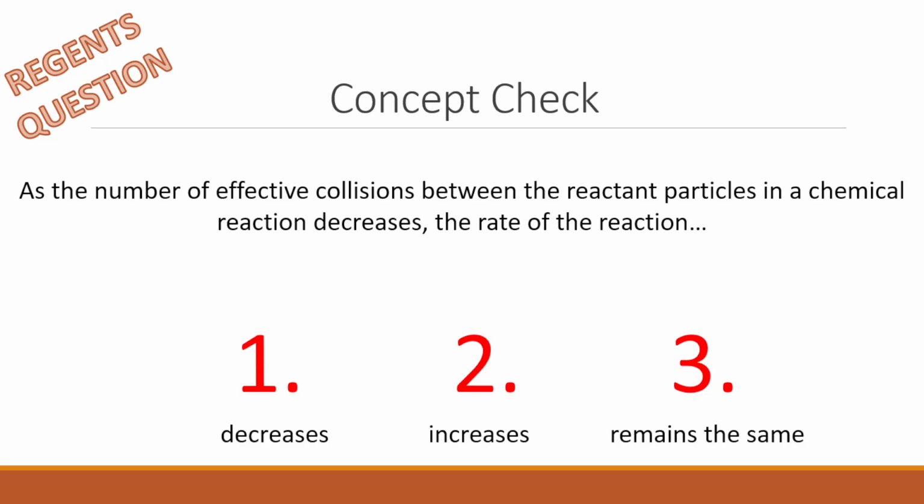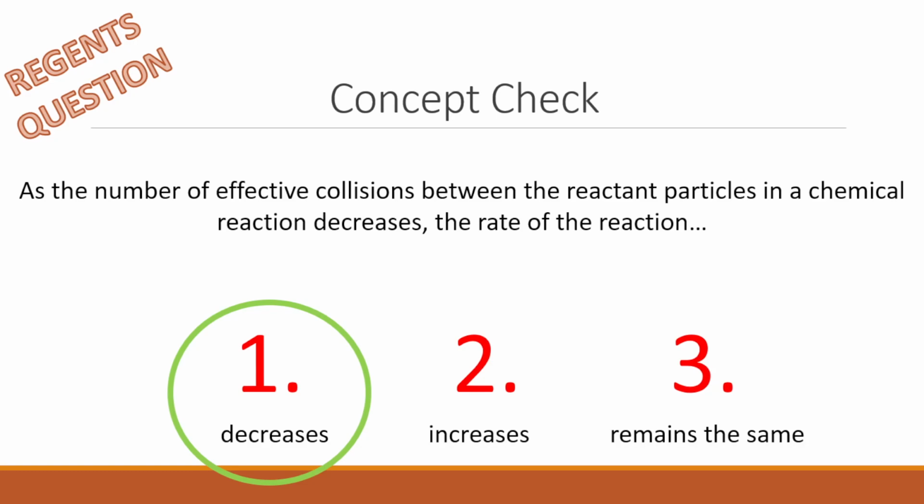If we're looking at collisions and we're saying that there are fewer collisions, that means that the rate of this reaction will decrease. Fewer collisions means fewer successful changes from reactants to products. The rate of that reaction slows down. You have to wait longer before you are finished with it.